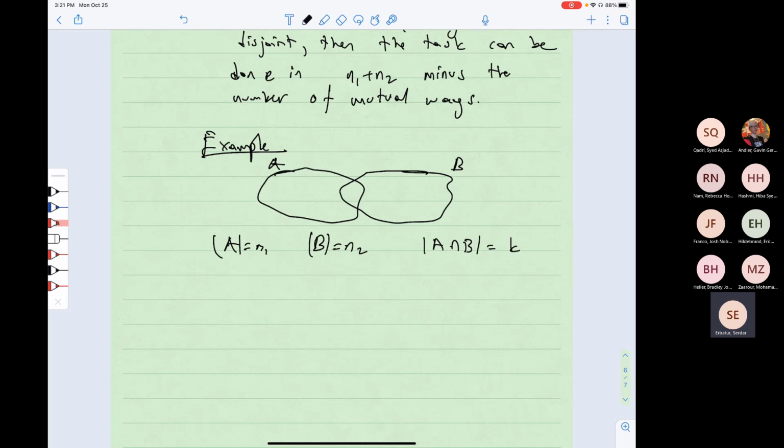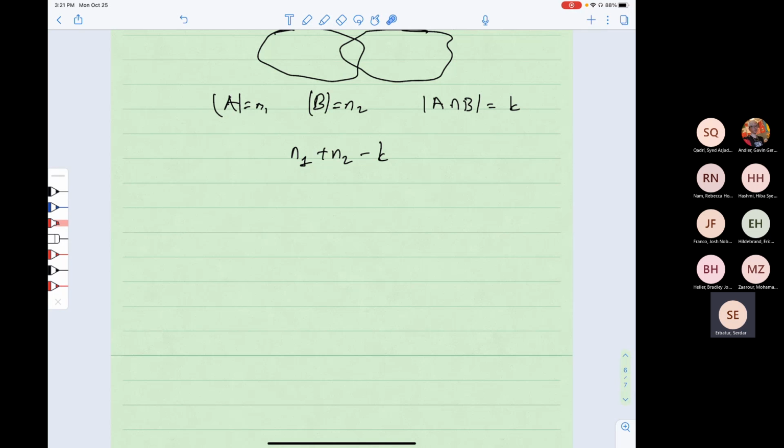It has to be this, because if you don't do this, you will be counting the elements in this region twice. And that violates the rule of correct counting. You have to count correctly, remember. Right? But let's do some more CS-oriented examples.